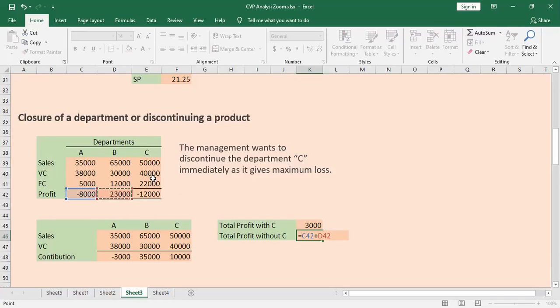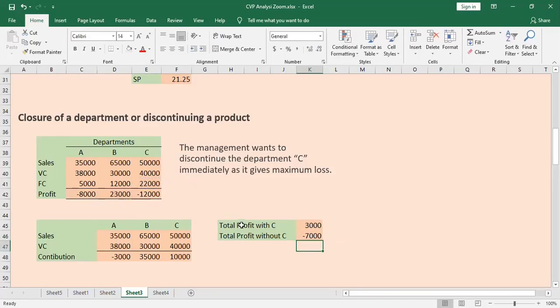But fixed cost is there, because fixed cost is actually a sunk cost, which we have already incurred and cannot reverse. So that fixed cost is going to be considered as a negative impact here. You are not getting any sales values, but the fixed cost is already there. So what will happen?